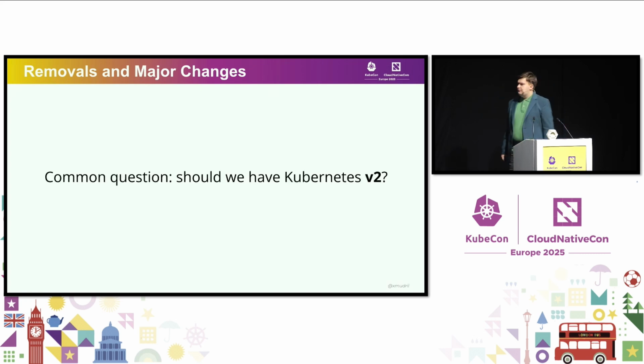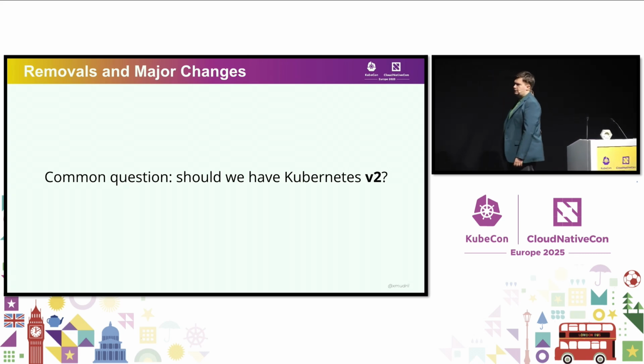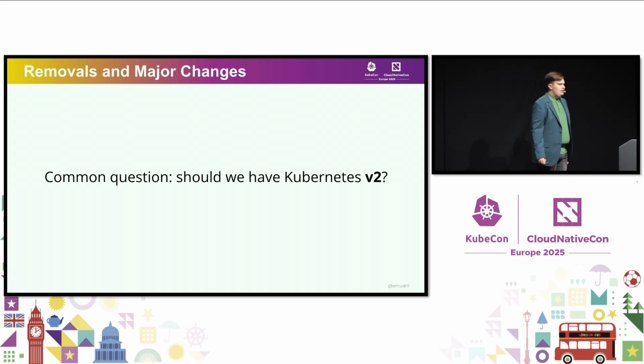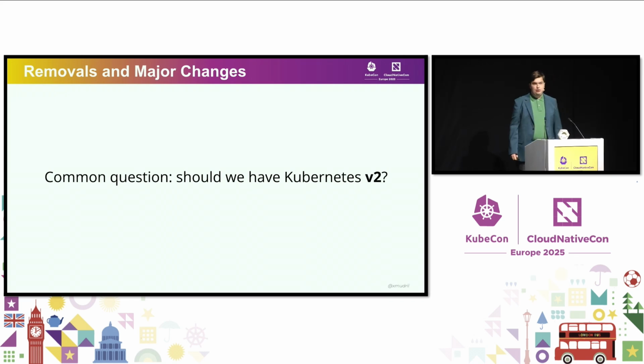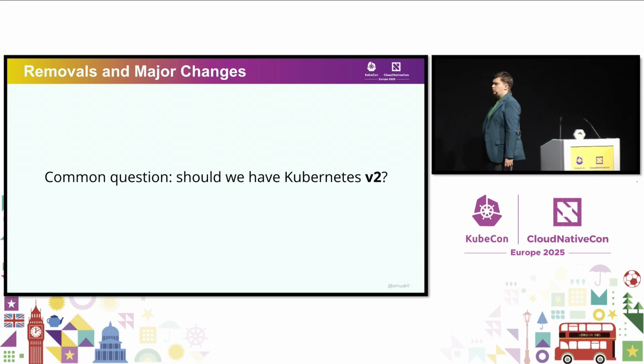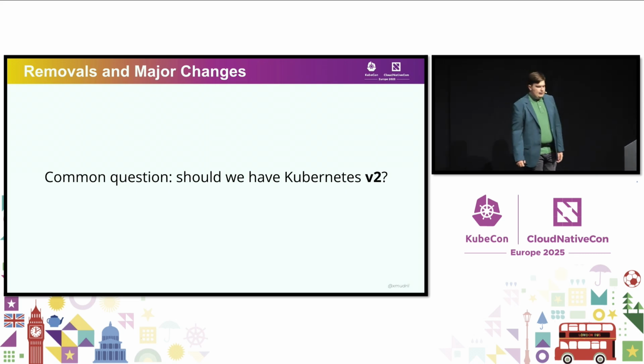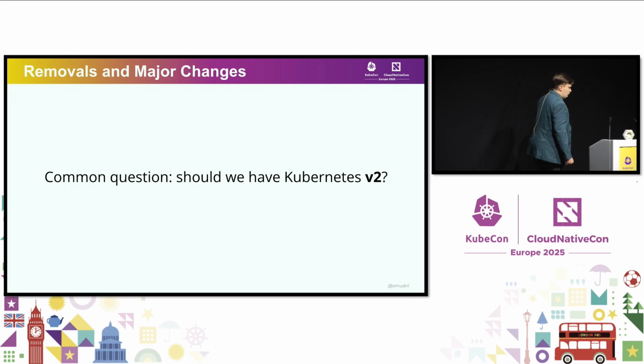And there is one common question that keeps arising all over again, especially when we started removing APIs, and this is: should we have Kubernetes v2.0? That's a very good question. And it's a very complicated one because Kubernetes is a very complex system.